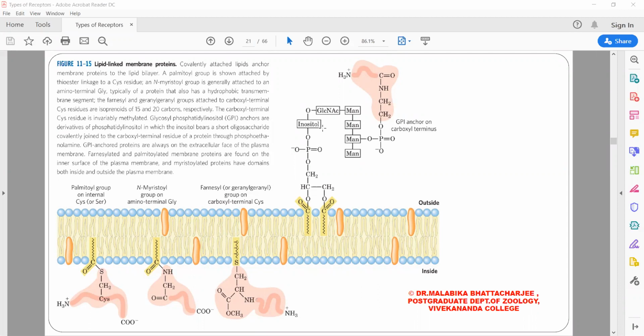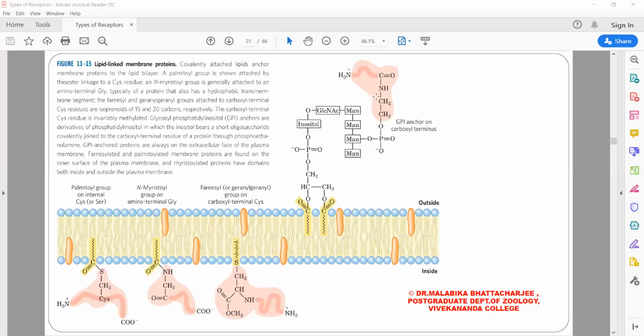So the full name is glycosyl phosphatidyl inositol anchors. These anchors are always and invariably found to be attached on the outer surface of the plasma membrane.